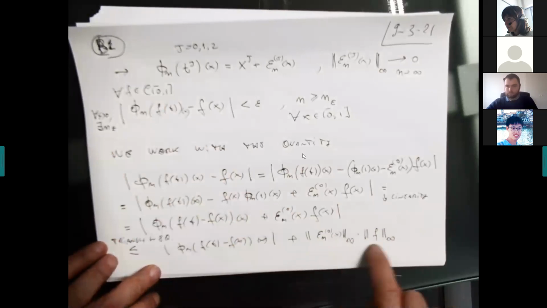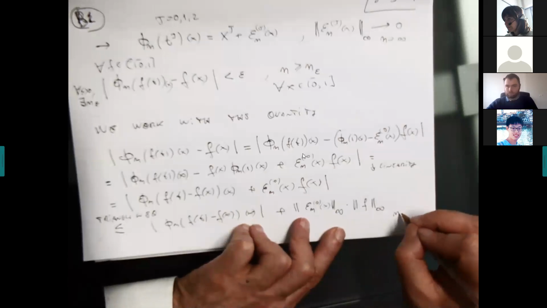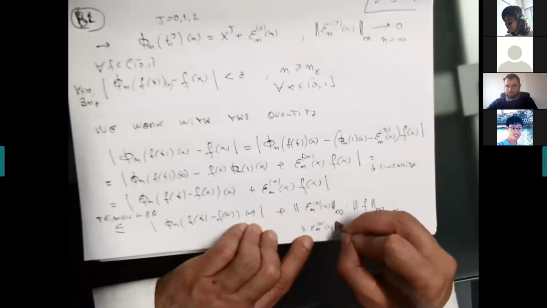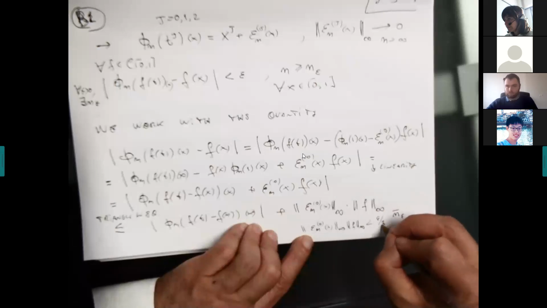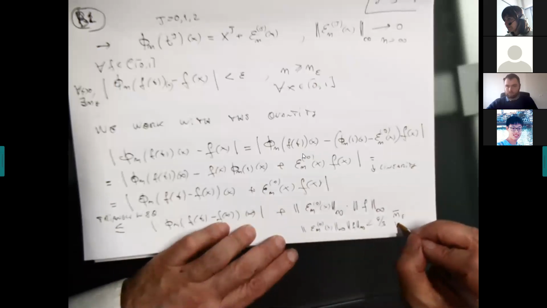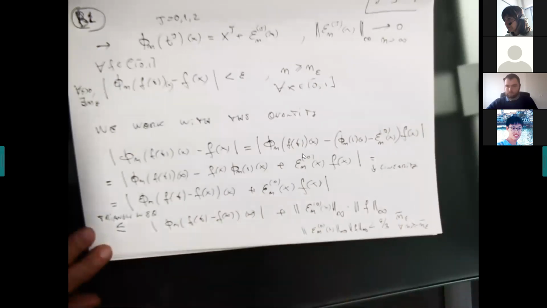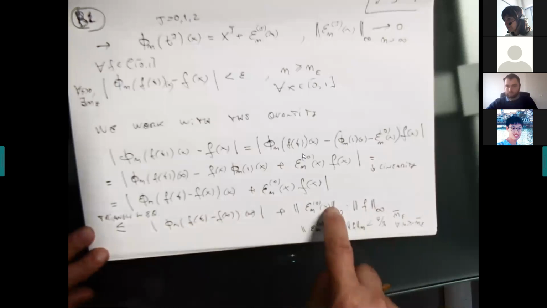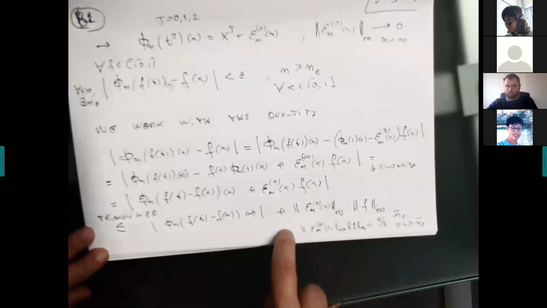Okay, so for sure there exists some n bar of epsilon such that the infinity norm of x times this infinity is less, for instance, of epsilon divided by 3, for any n larger than n bar epsilon. Okay, so from the moment on, I will consider that this is less than epsilon over 3, because this converges uniformly to 0. So does not depend on x, only on n.